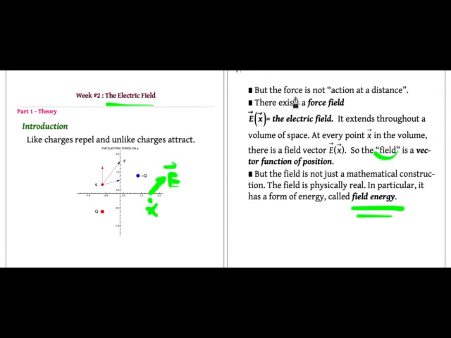All right, so there are 2 things we need to know. First of all, what's the definition of the electric field? It's a force field. So how is it related to forces? And secondly, how is it created? It's associated with charges. So how do charges create the electric field?